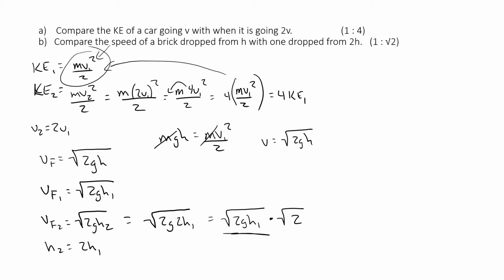What is the square root of 2GH1? Well, that's VF1. So this here is the multiplication factor. There's the ratio. So that's where that came from. Again, we're just comparing the velocity for one to the other based on the height change this time, as opposed to looking at just what happens to KE. So hopefully that makes sense.